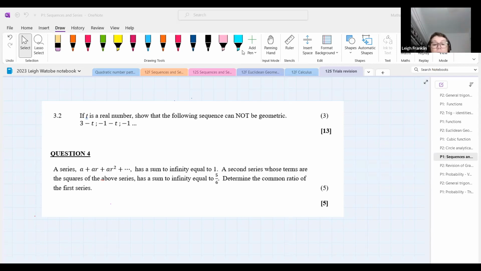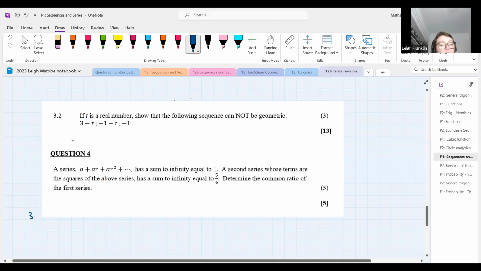Prove that there's no common ratio. Can't we find the value of t first? You guys are all onto something. How would you set that out though? What would you write on the page? If you wanted to establish your ratio r in terms of t, how would you do that?